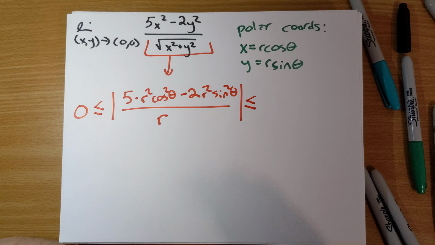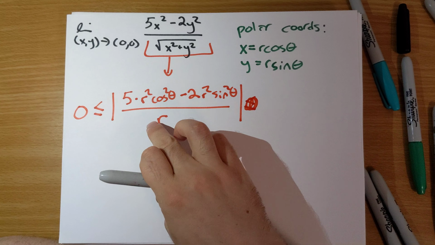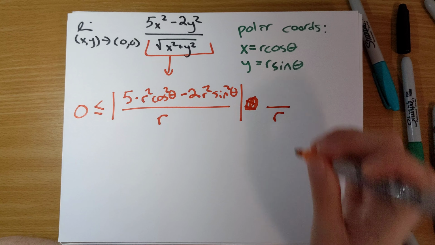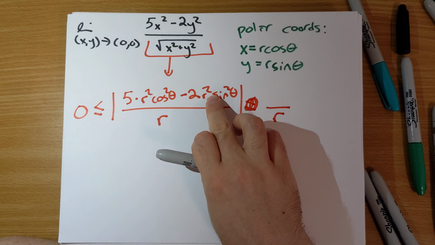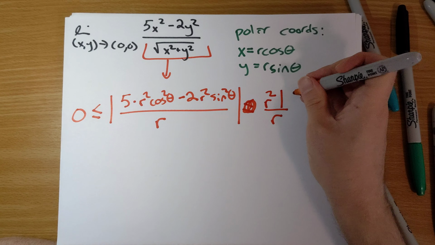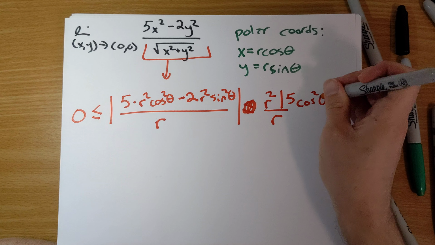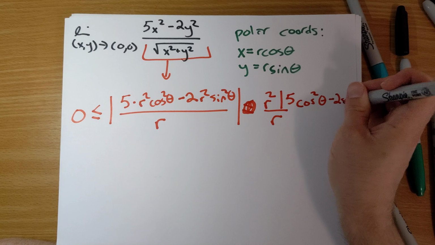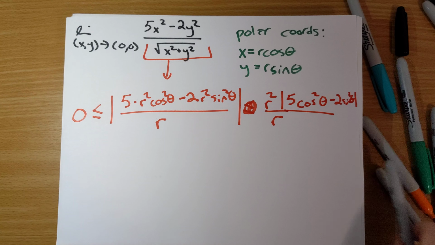And this is going to be, let's see here, r isn't going to be negative, so we can move that outside here. There's a factor of r squared upstairs that I can move outside, so that all this times the absolute value of 5 cosine squared theta minus 2 sine squared theta, like this.